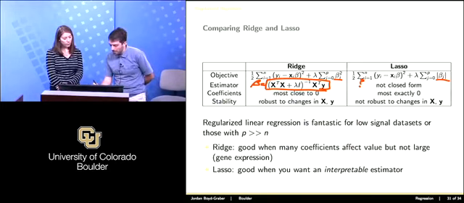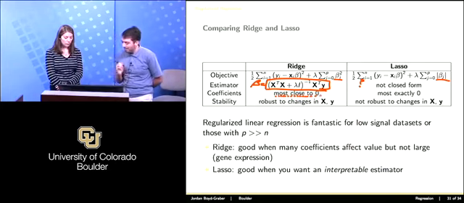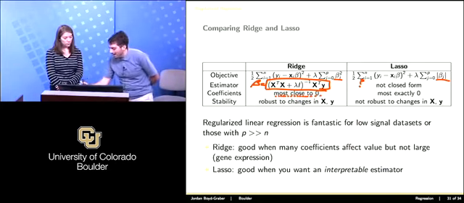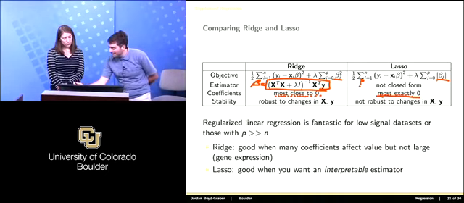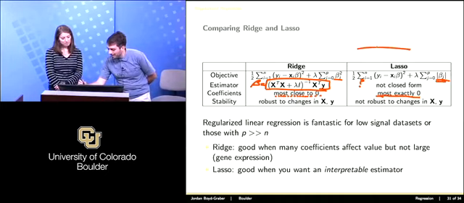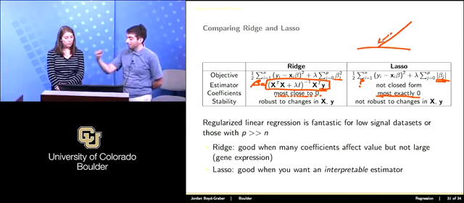For ridge regression, most of your coefficients will be close to 0, but not exactly 0. That happens in the lasso because of this term. So this penalty looks like this, and so you can always make it smaller and smaller and smaller and get extra reward.